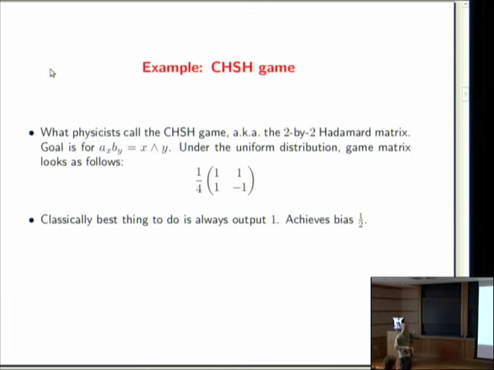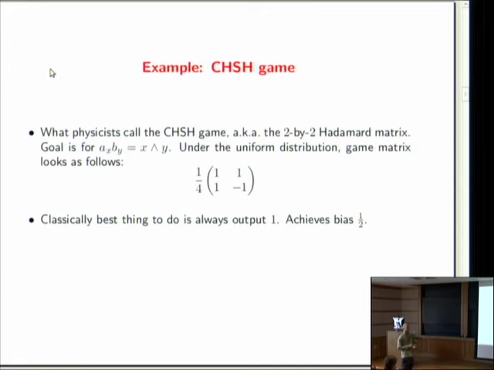Okay, so let me give an example. This is what Avi mentioned on the first slide. This is what physicists call the CHSH game, but mathematically you can just think about it as the 2x2 Hadamard matrix. Alice and Bob each get a bit, and they want to output ax and by, and their goal is that this product is equal to the AND of the bits that they receive.